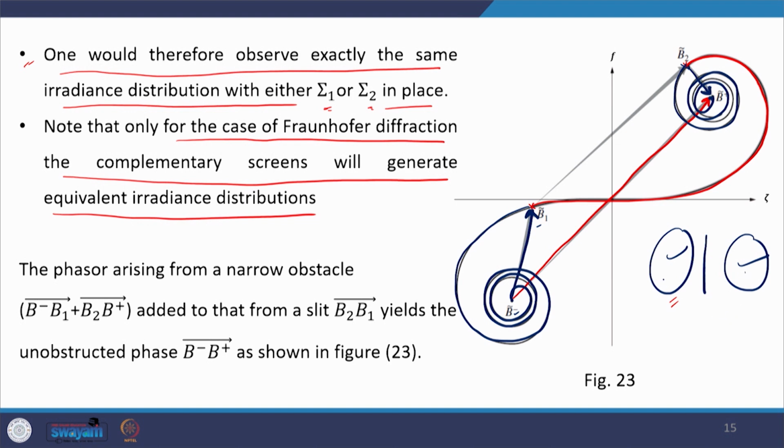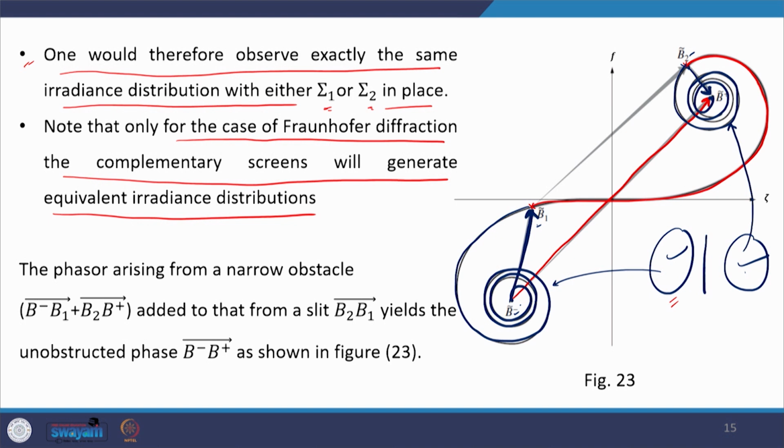By just measuring these vector phasors, extending from b minus tilde to b1 tilde and b2 tilde to b plus tilde, we can have an estimate of the resultant irradiance at the point of observation P.